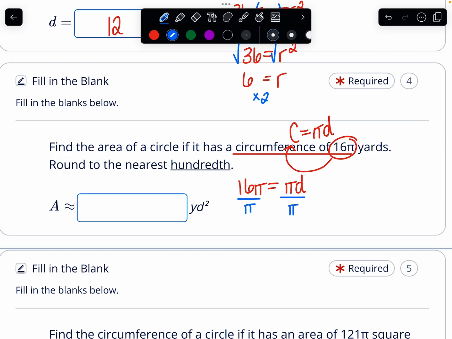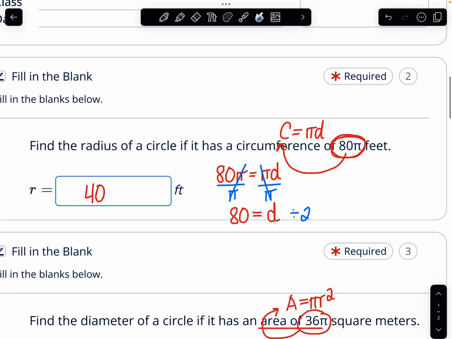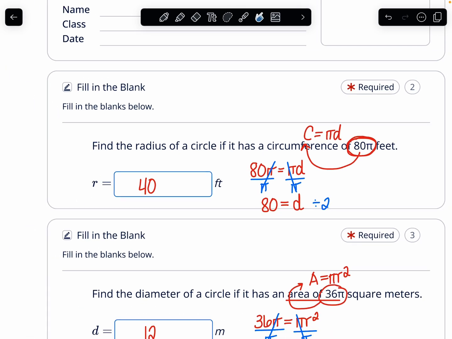So we're going to divide by pi, and that's going to tell us the diameter is 16. And that means that if we divide by 2, the radius is 8. So that problem is exactly like the one we did up here, where it asked us for the radius. We had to divide by pi and then divide by 2.